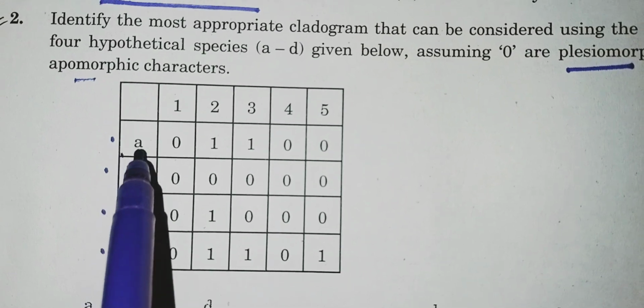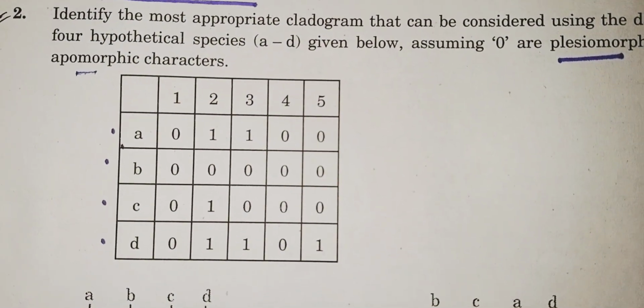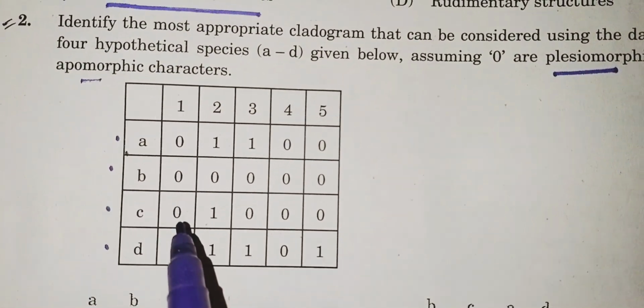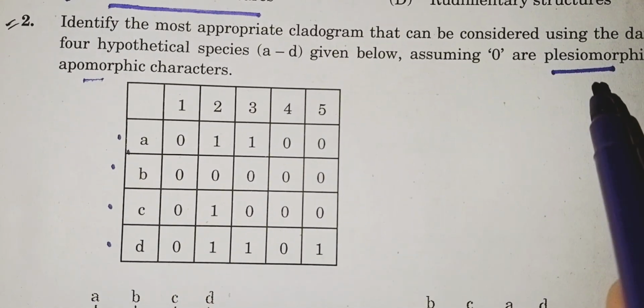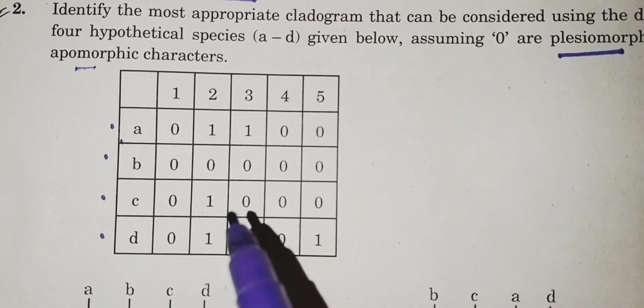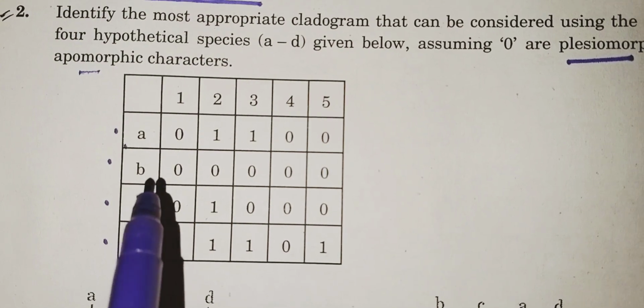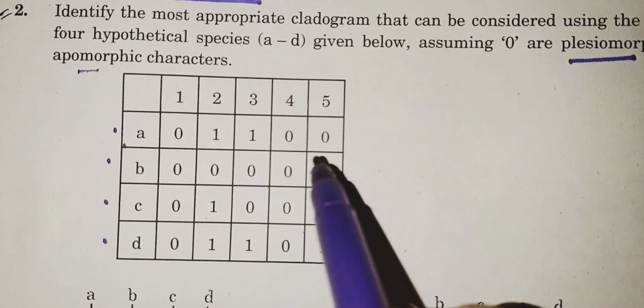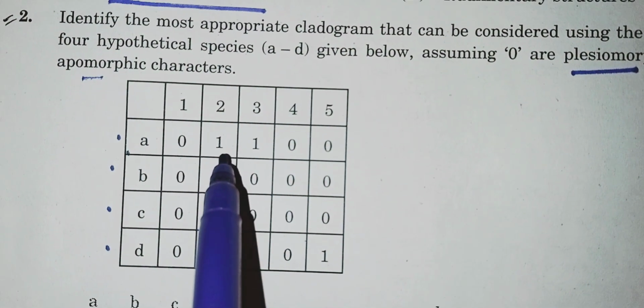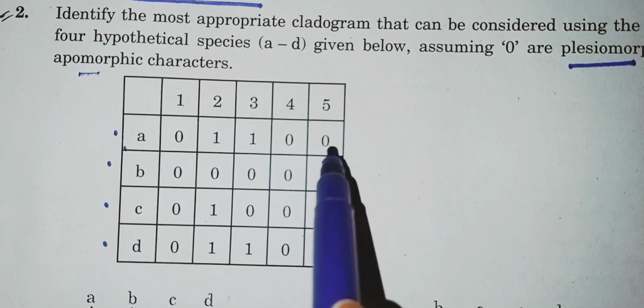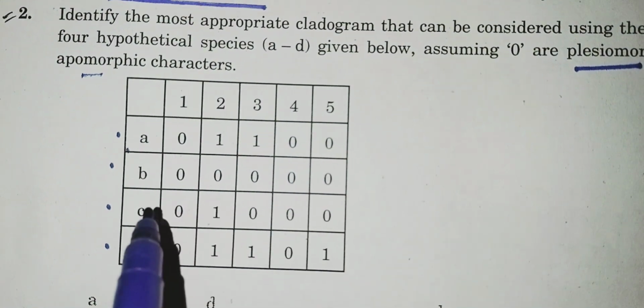See, species A has how many ancestral, meaning plesiomorphic, and how many derived characters? Here you can see 2 derived characters and 3 ancestral characters.